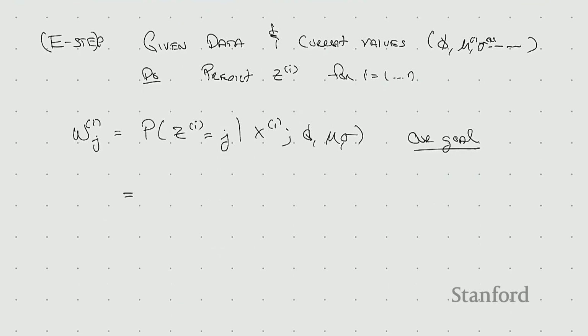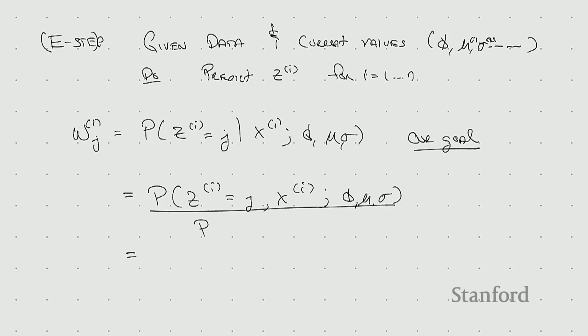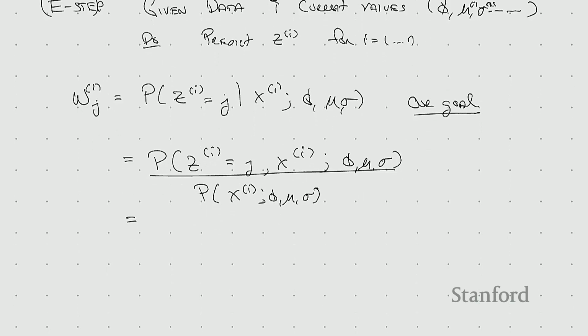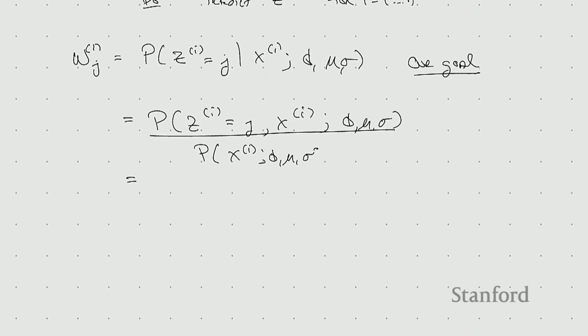Well, it's nothing more than Bayes' rule. All I've done here is something really simple. I've taken x_i, which I've conditioned on, and divided it up.